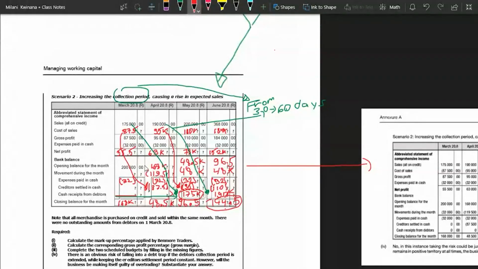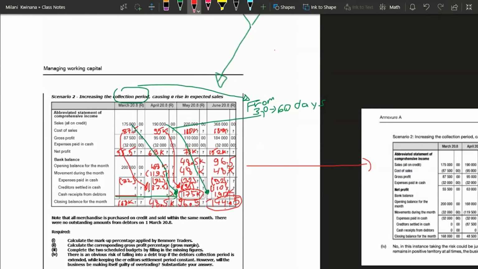That's where we are. Let's not look first at the outcome. Let's first look at, do you understand? Luco, Milani, do you agree with me that you're going to be paid by your debtors? So look at the sales on top there. The first sales, for March, is 175. You sold things on credit. You're going to be paid by the debtors in 60 days, so March will be in May.